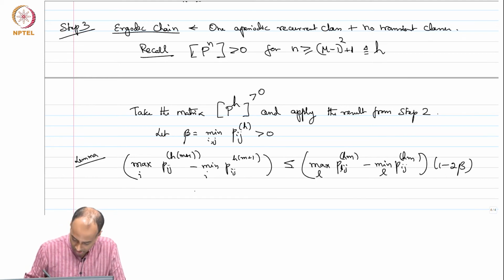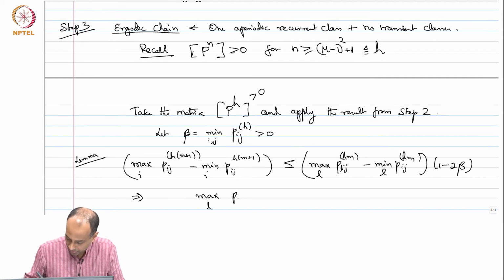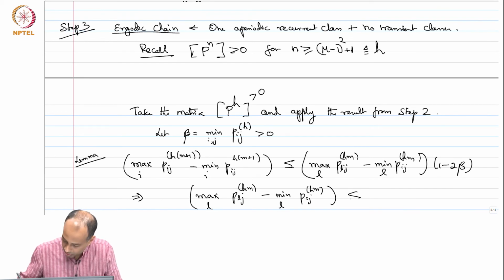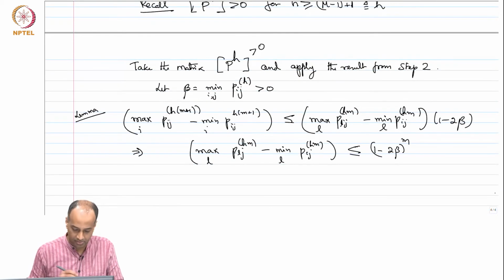So this implies that the max over l of Plj^(hn) minus the min over l of Plj^(hn) goes down exponentially fast. So this will be like (1 minus 2 beta) whole to the n, right?